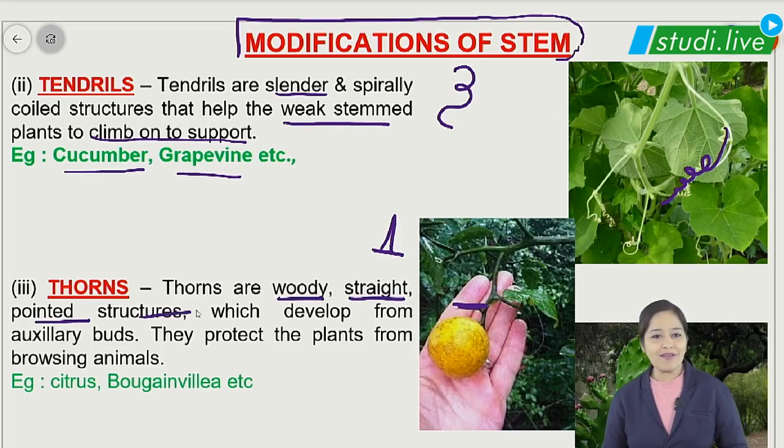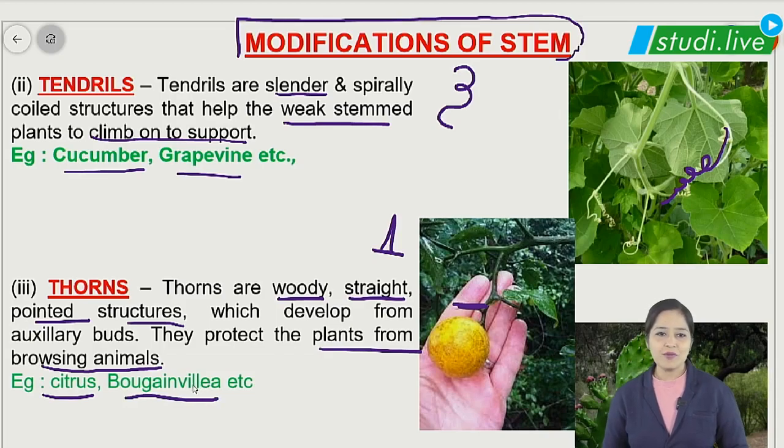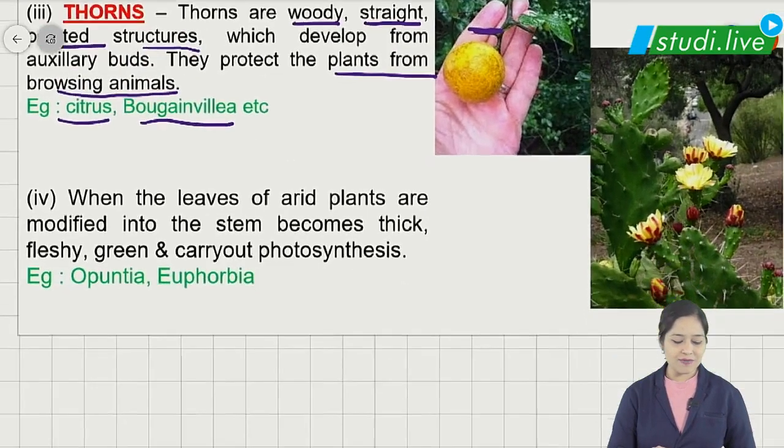Now, where do they develop from? From the axillary buds, and they protect the plant from browsing animals, the animals which are going to browse or graze on them. Examples for this are citrus and bougainvillea. So this is the example for thorns.